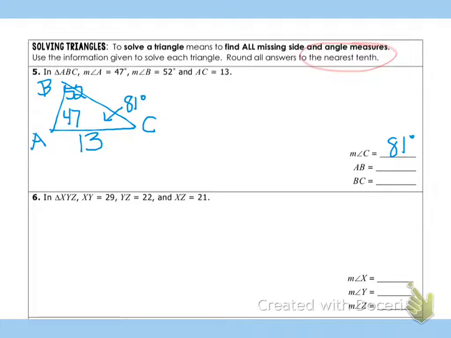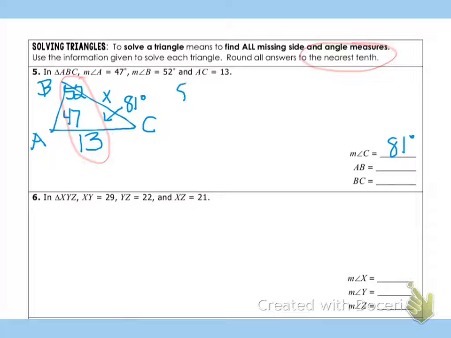So right now, let's say I call this X, and I want to find this side, which is BC. Taking a look at the information I was given in the setup of the problem, I knew an angle and the side across from it. This is not a right triangle, so I've got to use the law of sines.